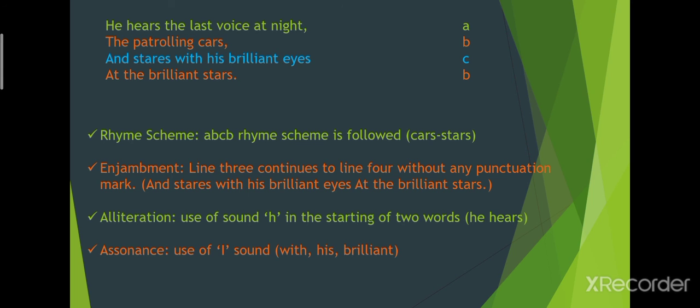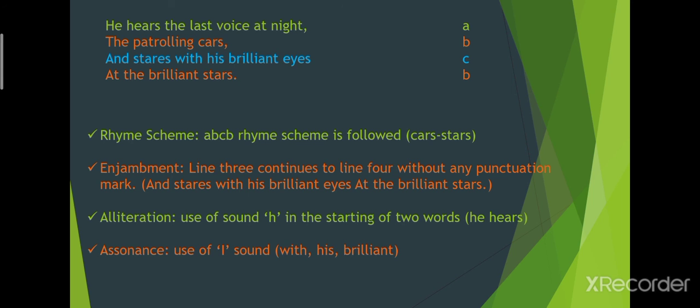So if you observe in this stanza, the poet had used the I sound. In the previous one he used the E sound, but here he used the I sound, and that is with his brilliant, which is in the third line. With his brilliant.